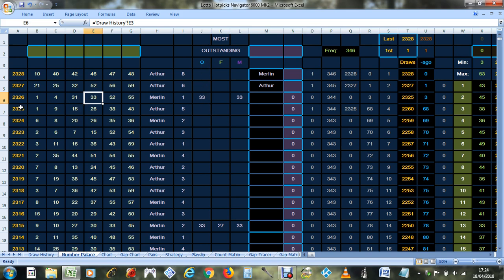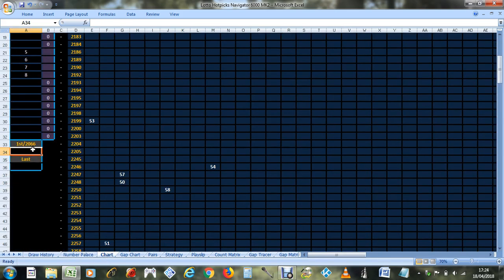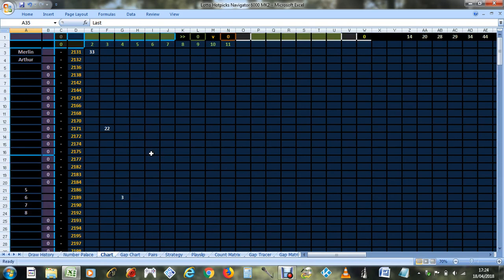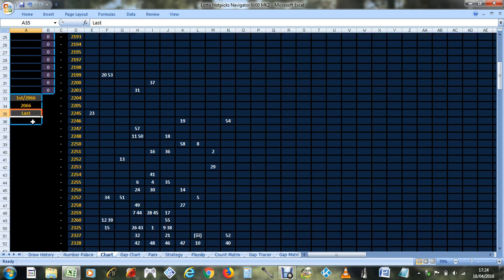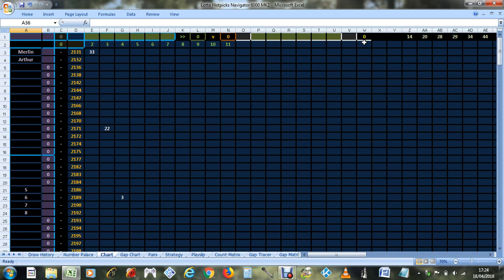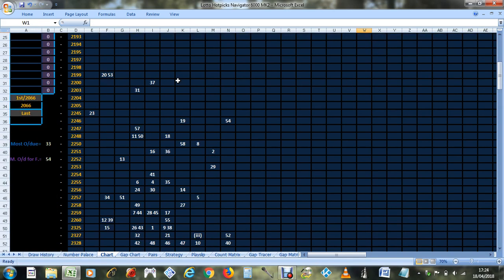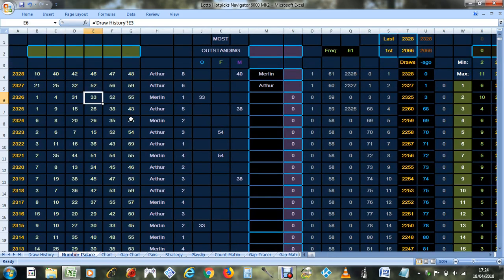So for example, if we look at a range of draws from when the numbers went up to 59 to the most recent draw, then we can see that in the most recent draw, number 40 was most outstanding because it was the most overdue for its frequency.